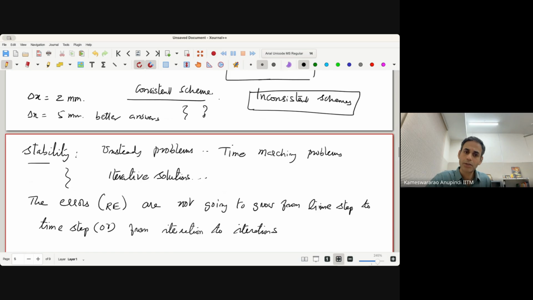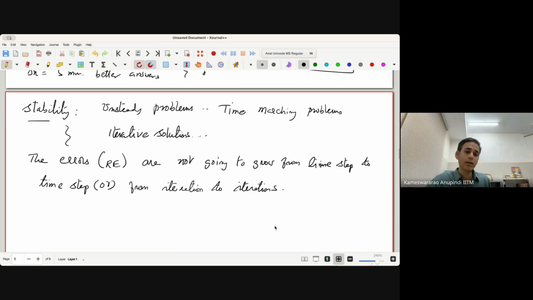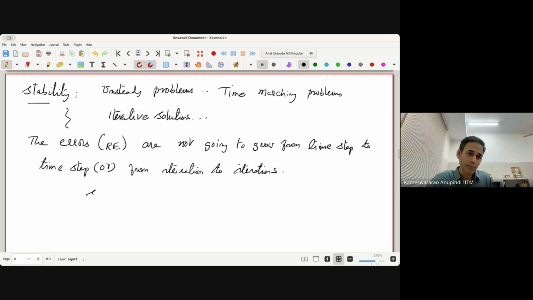That means the errors either will stay the same or decrease. Then only we can say that the particular scheme is stable.